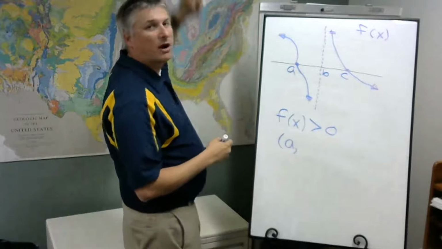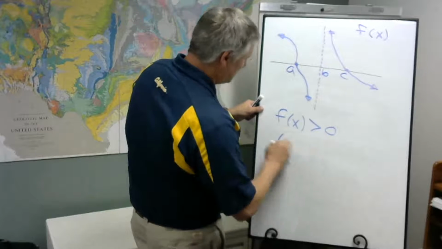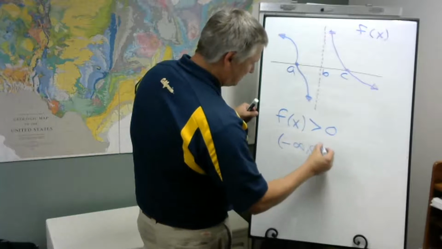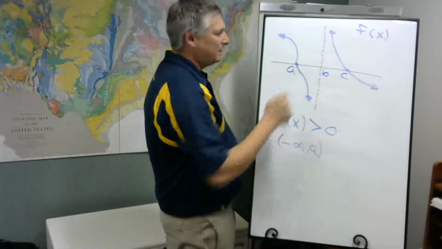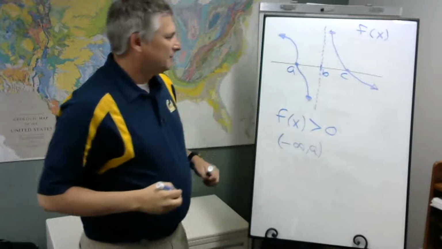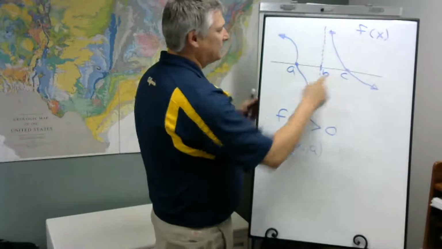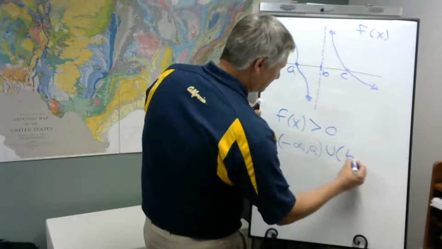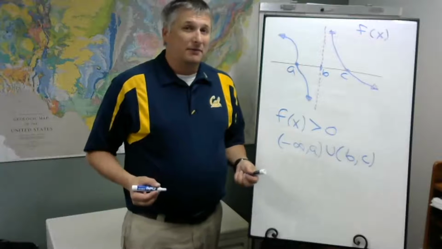Let's suppose this keeps going off to positive infinity, so to the left of a, this just keeps rising. Now, from a to b, where b is the vertical asymptote, our function's below the x-axis, so it's not going to work. But between b and c, it's above the x-axis again. And that's it for f of x greater than 0.